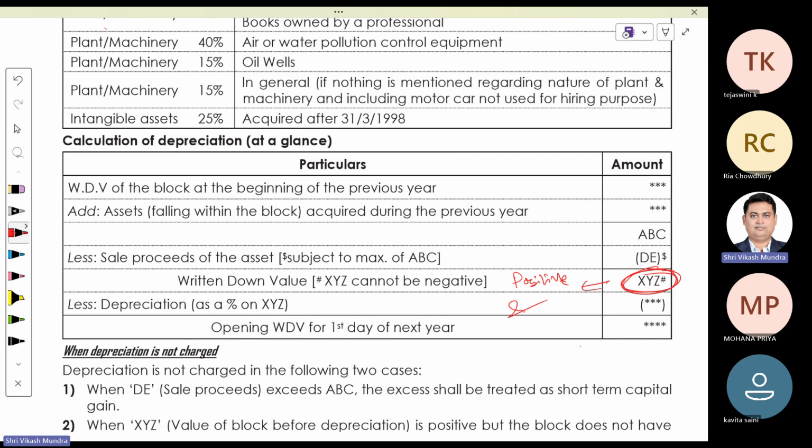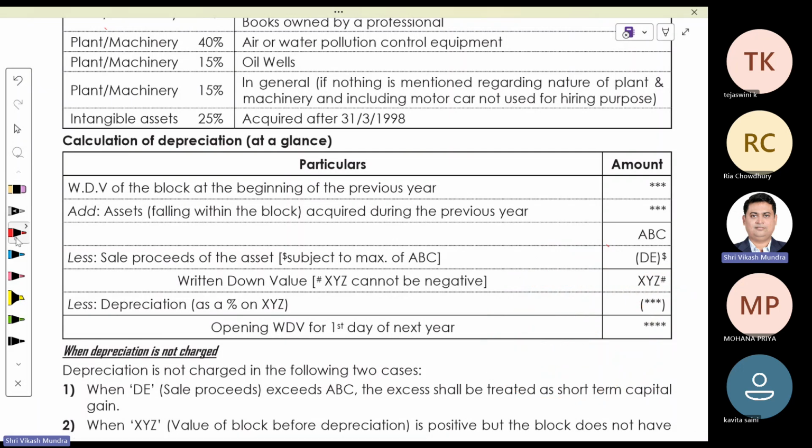The block should have at least one asset. If these two conditions are fulfilled, then only we would calculate depreciation. Otherwise, depreciation is not available.